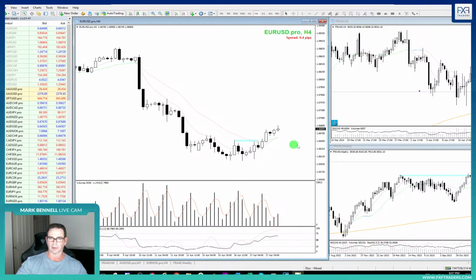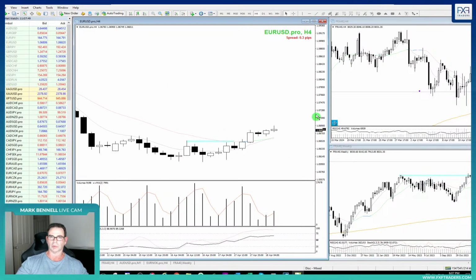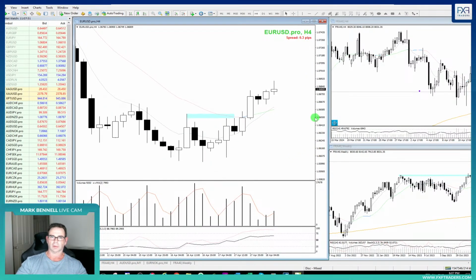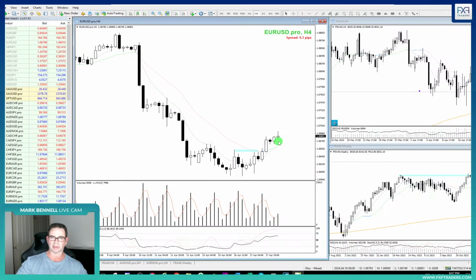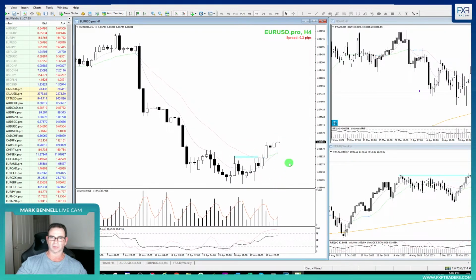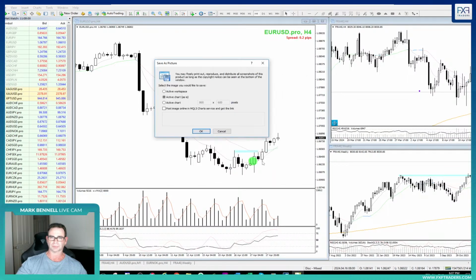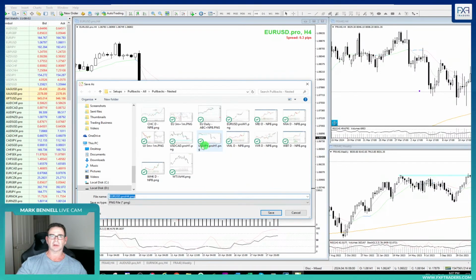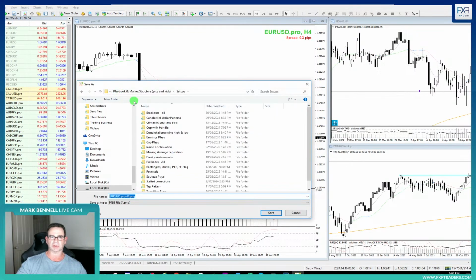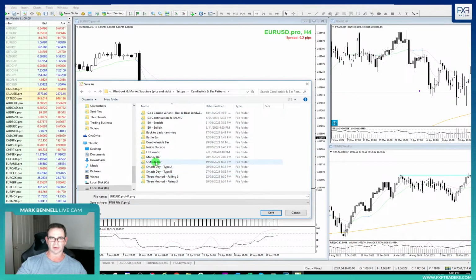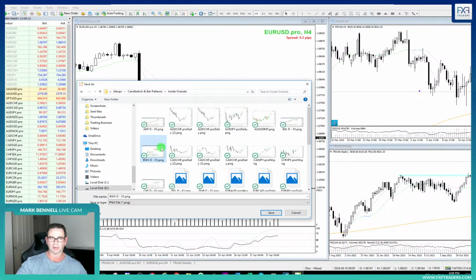Little structure in there. Zoom in. I'll zoom out so I can see the context. Volume may or may not be important. Save as. Setups. I've got all my setups, candlesticks and bar patterns. Where is it? IO. There it is.